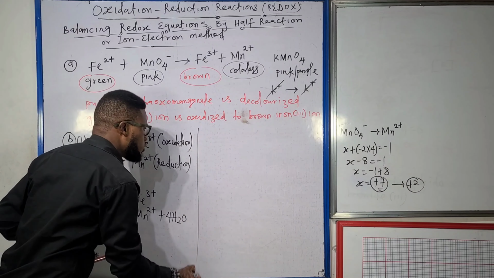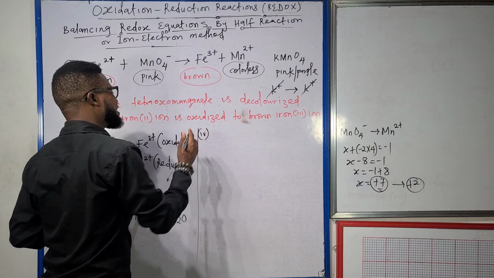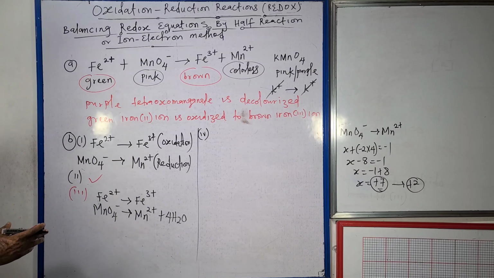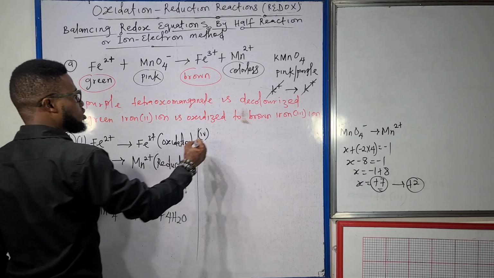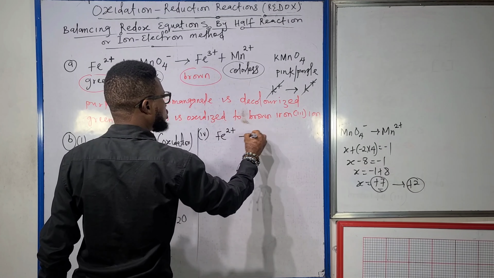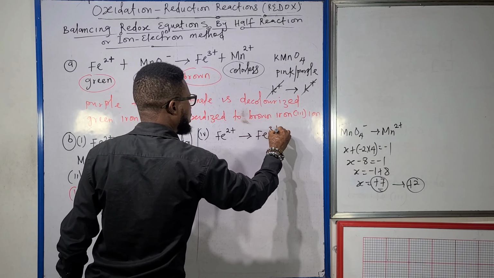Moving to step 4. For step 4, what we are going to try to do here is to balance the hydrogen atoms. For every hydrogen that is lacking, we're going to add hydrogen ion to the side that lacks hydrogen. For the oxidation half reaction, everything looks pretty set. Fe2+ to give Fe3+.